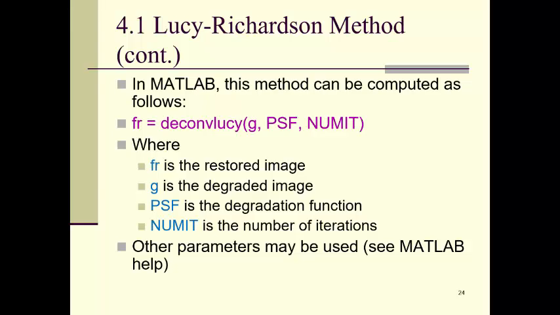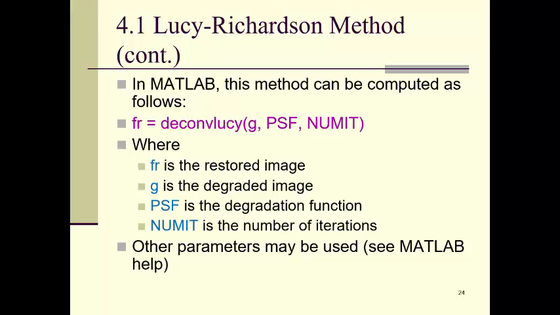It may lead to nothing, because most of the values in H may be zeros. So the alternative is to use Lucy-Richardson, in which we are assuming that the PSF function is known, and I have the G, and we will apply the iterative expression that we have.